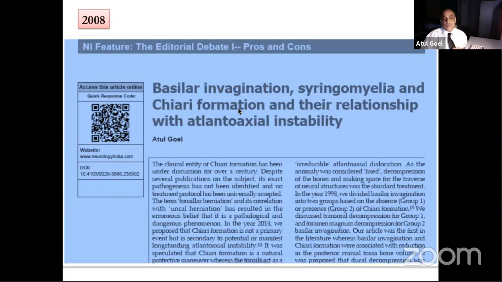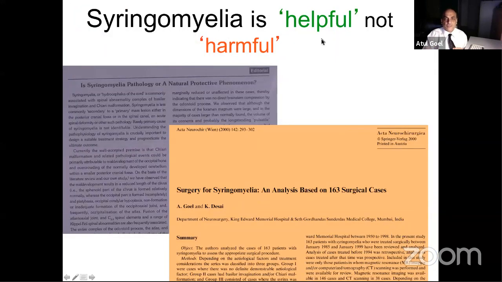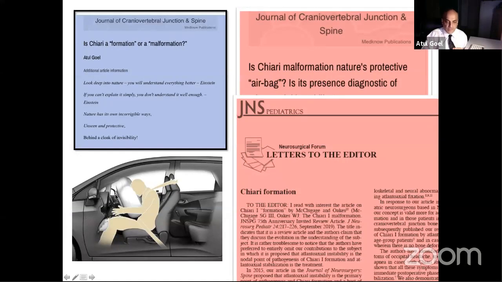divine intervention. So I had said, and I have shown you the other day, that syringomyelia is not harmful. Syringomyelia is a protective mechanism. Chiari formation is a protective mechanism. So I am repeating this again and again in my several lectures for a small group of people who are sitting in front of me and wanting to hear me.